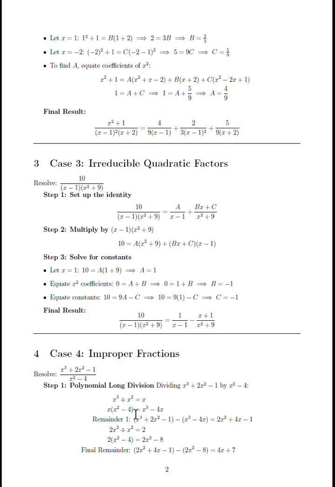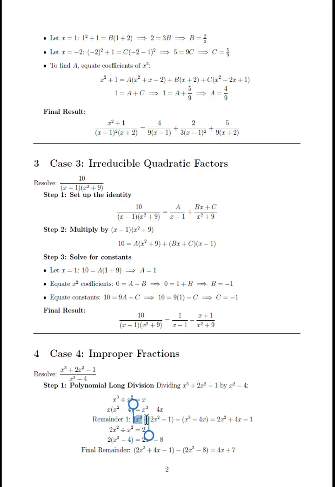And so to get the remainder, we would multiply that x that we've gotten from our division by the denominator, which is x squared minus 4. That gives us x cubed minus 4x. Then we subtract this x cubed minus 4x from the original numerator.